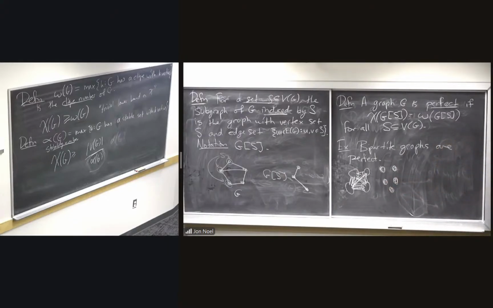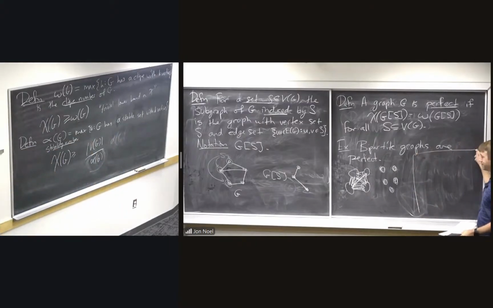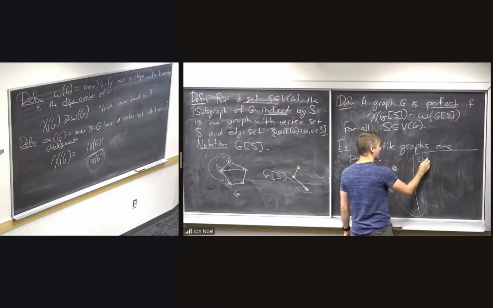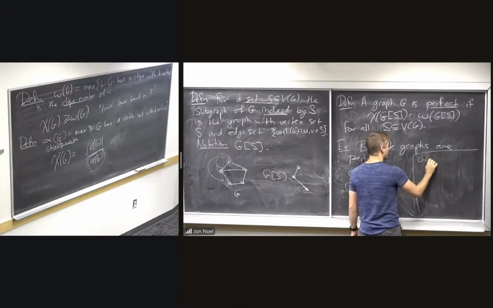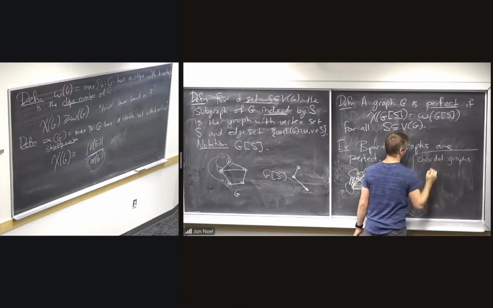These are maybe not the most exciting examples. So I'm going to list a few types of graphs that I haven't even told you what they are, just in case you come across these in your life at some point. Something called chordal graphs are perfect.